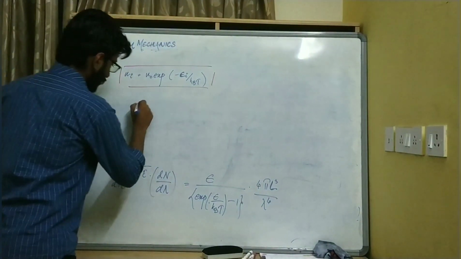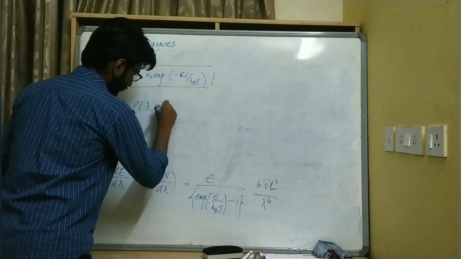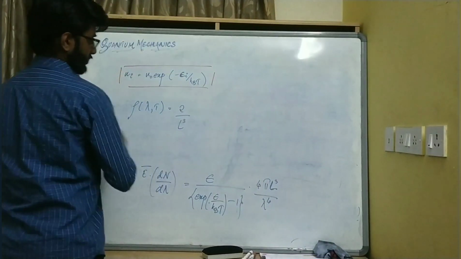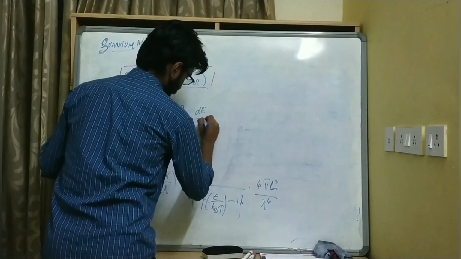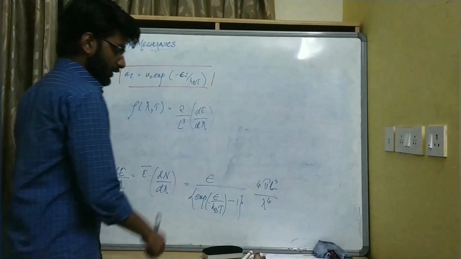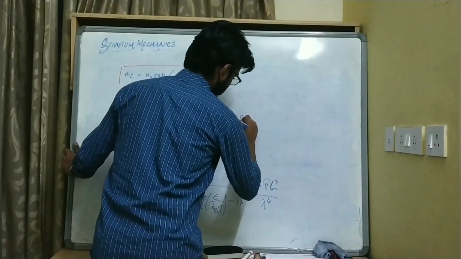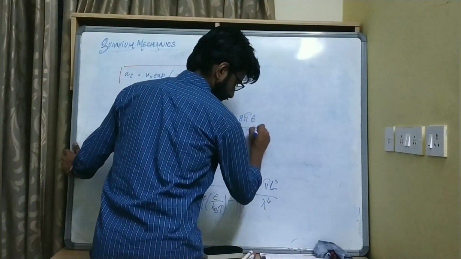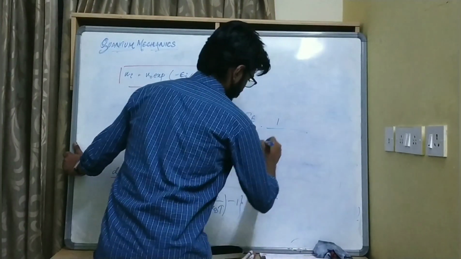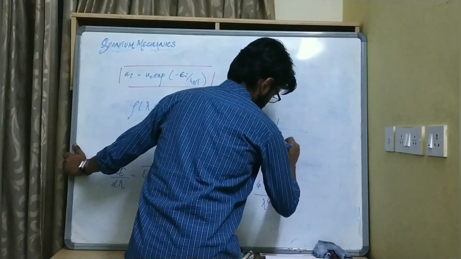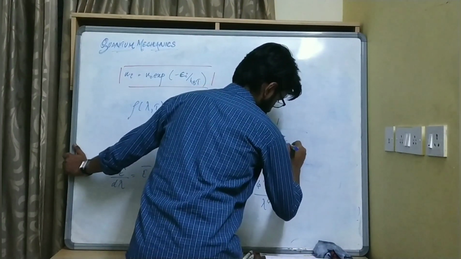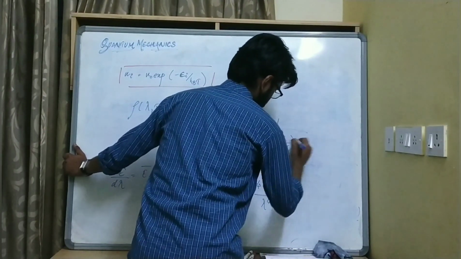So rho of lambda, T is 2 by L cube of this expression dE by d lambda. Okay, so what we get is something like 8 pi epsilon by lambda to the power 4 by exponential epsilon by kBT minus 1.